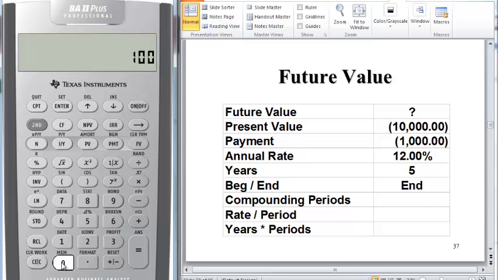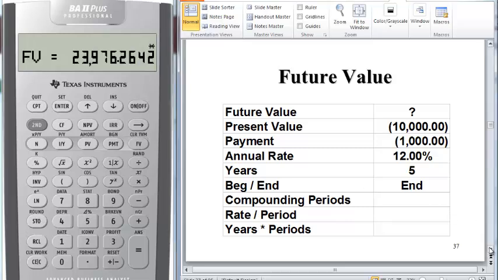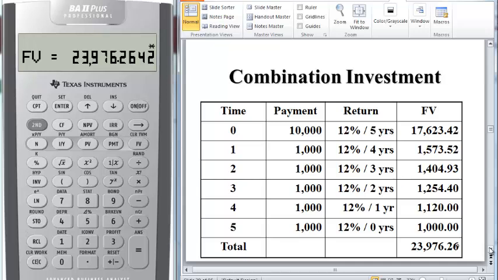Now, 1,000 is being invested every single period, so that's going in as a payment. 12 is going to be my interest rate, and 5 is going to be my N. Whenever I compute for future value, what do I get? I get $23,976.26.